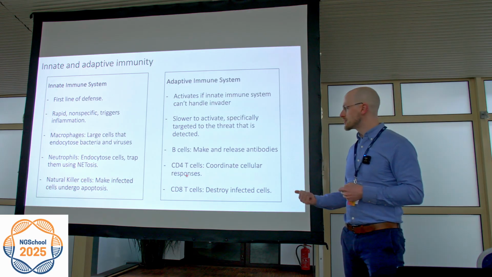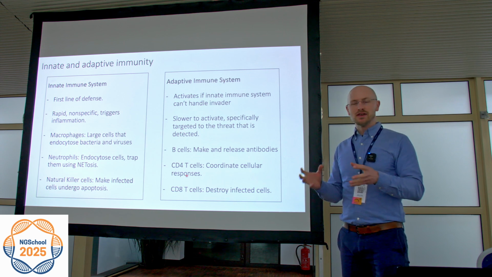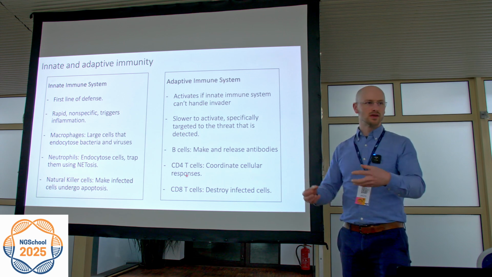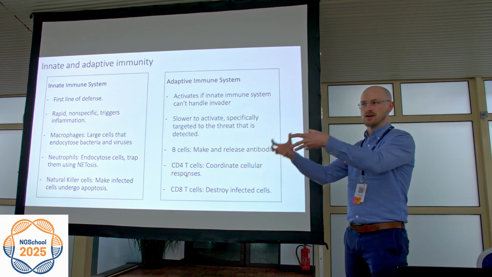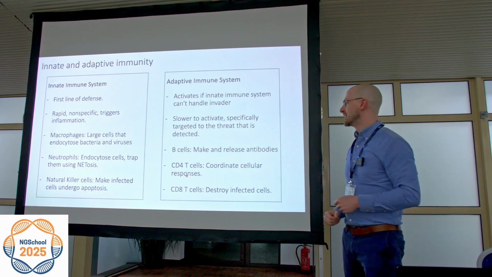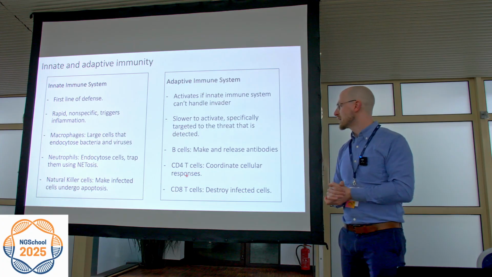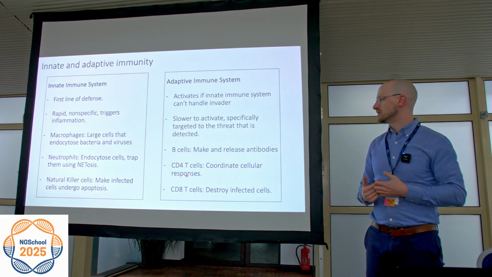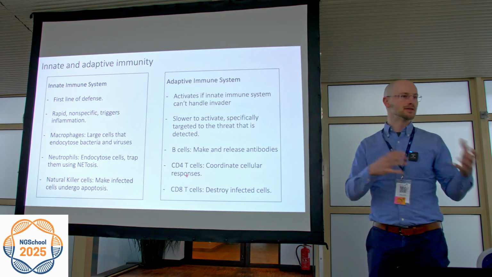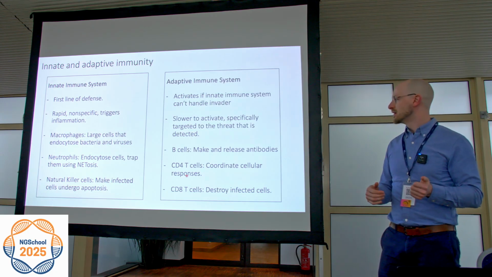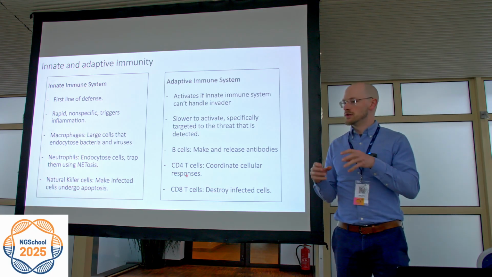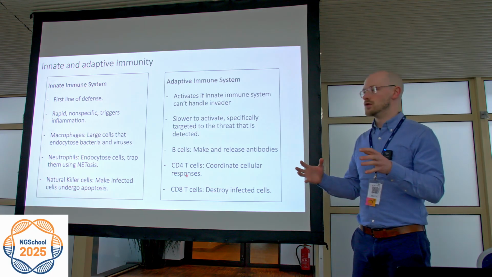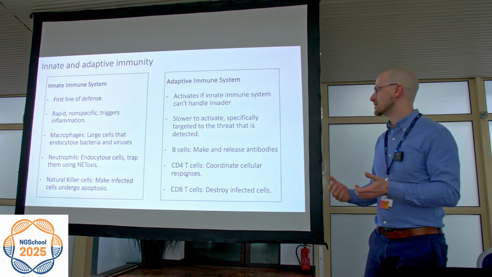They can also undergo this really interesting process called netosis, where they basically explode their DNA onto bacteria and kind of net them up. That was a recently discovered thing. And also natural killer cells, which can make infected cells undergo apoptosis. So this is the innate immune system, and it's all geared towards rapidly responding to infecting bacteria and viruses.